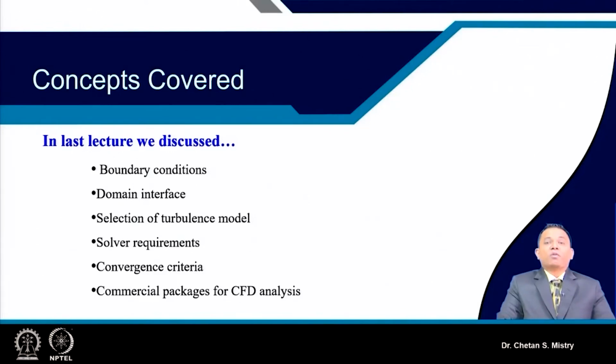Then we were discussing the selection of the turbulence model. We discussed the BL model and the SA model, and we realized that for the initial stage of design, where we will not have flow separation, we can go with those turbulence models. But when we are doing our initial design, we do not have clarity on how exactly the flow will behave on the suction surface and pressure surface, as well as in the tip clearance region.